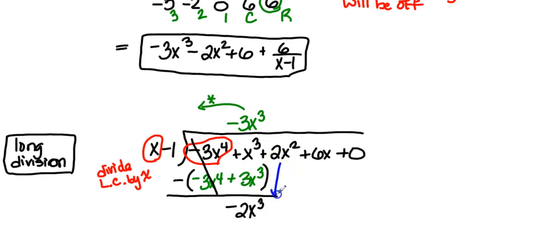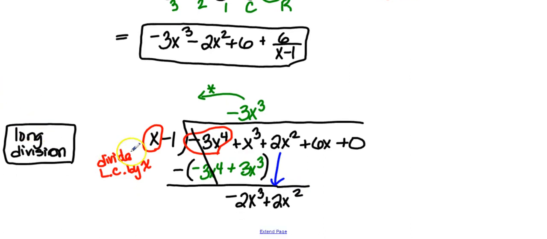Drop the next term, bringing that down. So I bring down my plus 2x squared. Process repeats. This is my new leading coefficient. X times what is negative 2x cubed?